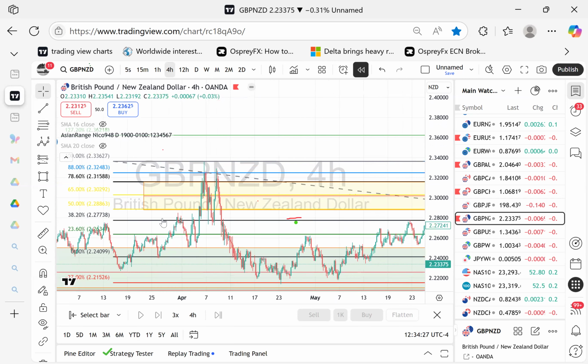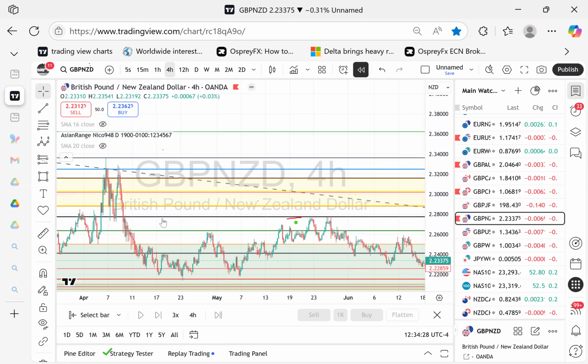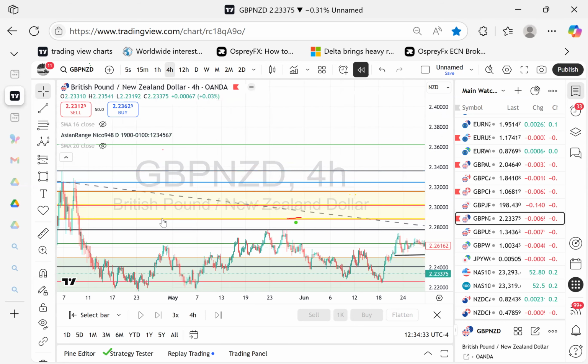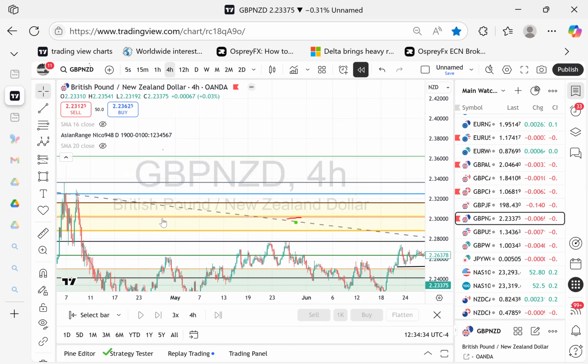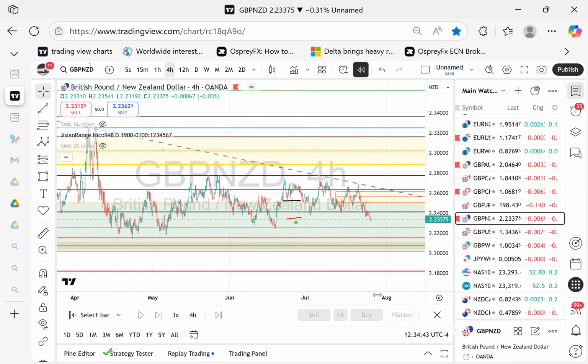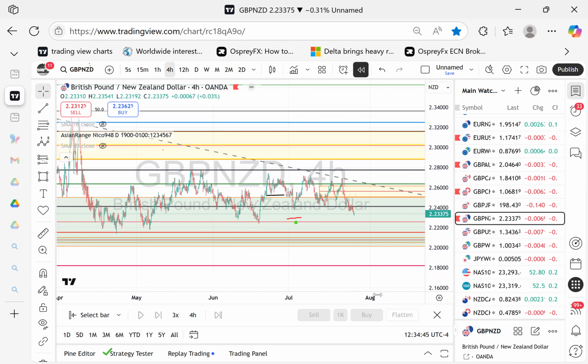Let me see. It probably already hit that imbalance. No, it didn't hit that imbalance. So even if price came right into that imbalance right here, it's still going to sell down to your zone, right? Now, I don't expect price to go back into that imbalance because we're breaking structure going lower. But price will come into your zone.